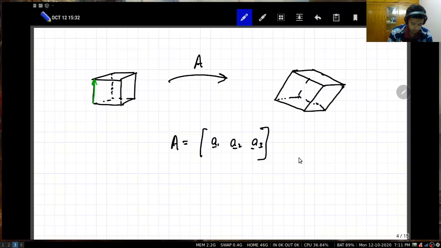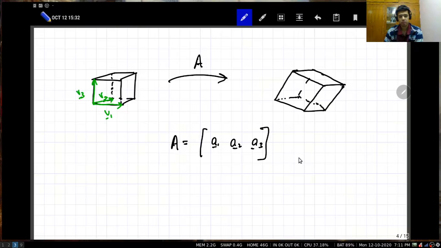The standard ordered basis essentially corresponds to adjacent edges of the unit cube, right? So maybe this is the x-axis, the vector along the x direction. This is the vector in the y direction, and this is the vector in the z direction.